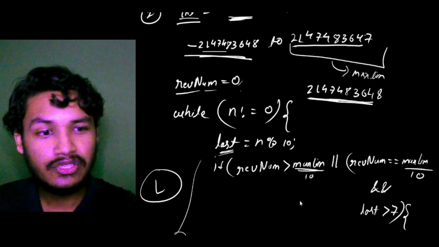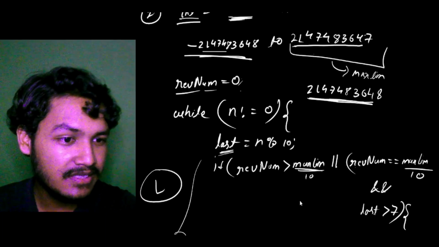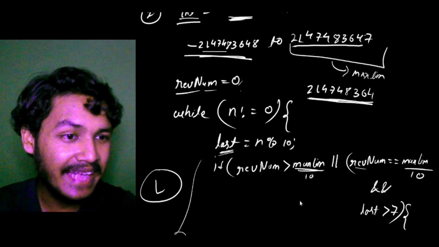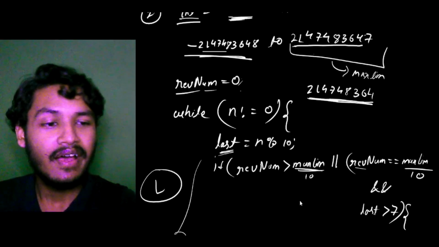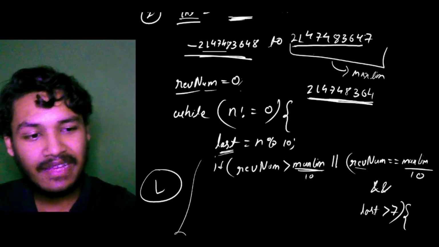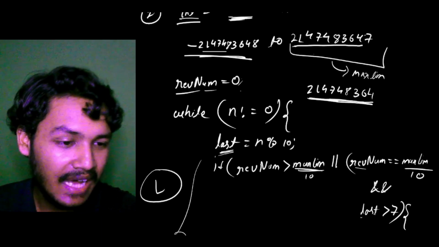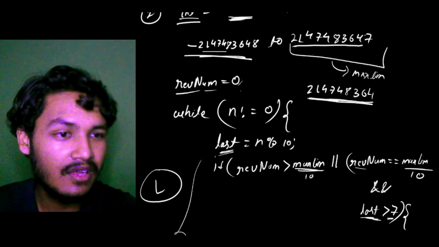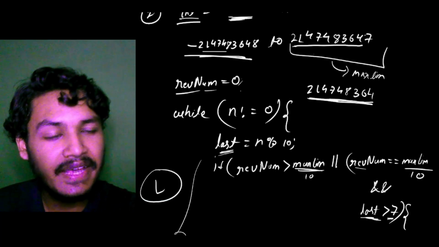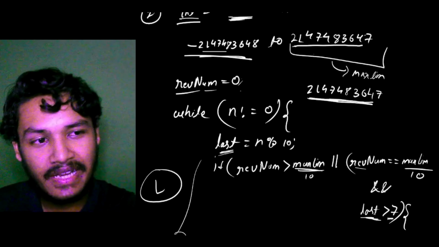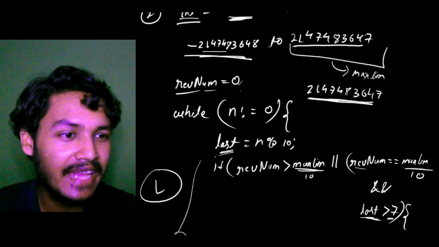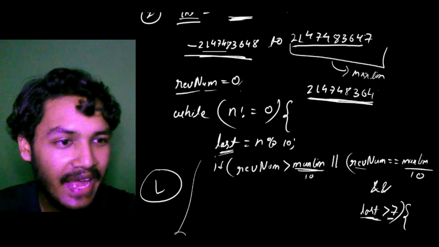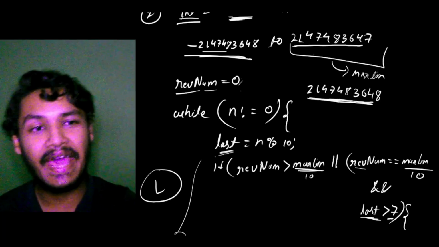That's why we are checking if our reverse number is containing exactly the maximum limit divided by 10, then we check if our last digit is greater than 7. Why? Because our maximum limit ends with 7. If our last digit is greater than 7, let's say 8, we will add 8 here and it will exceed the limit.